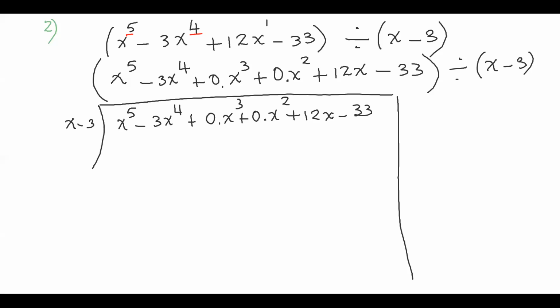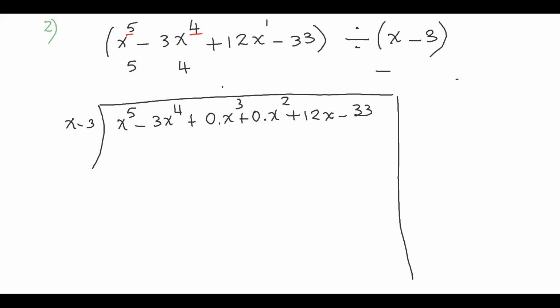I need space here, so I'm just going to delete this one. I hope everybody understands what I put here. So I need space. Okay, so I'm going to show you the steps. Just like the previous problem, we are going to repeat the steps here.